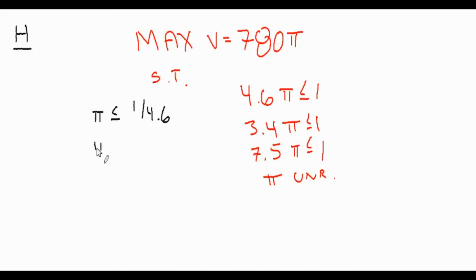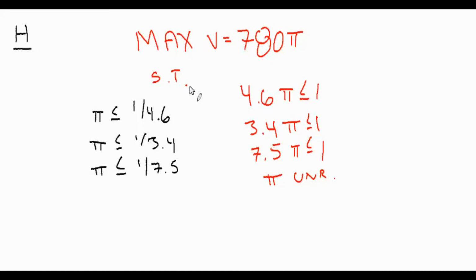Second one is pi is less than or equal to 1 divided by 3.4. The third is pi is less than or equal to 1 divided by 7.5. And pi is unrestricted, so it can be anywhere on the real line.